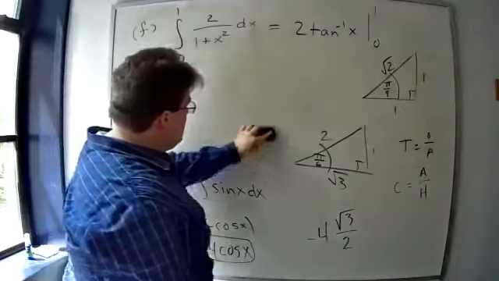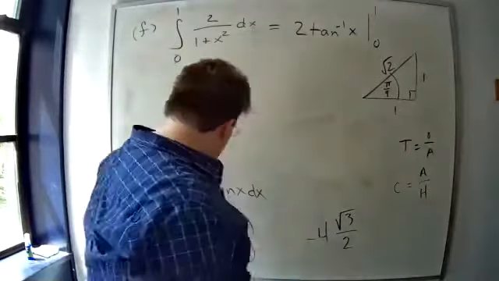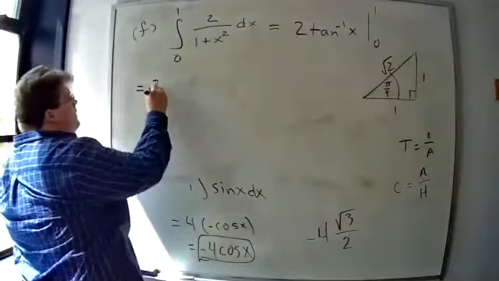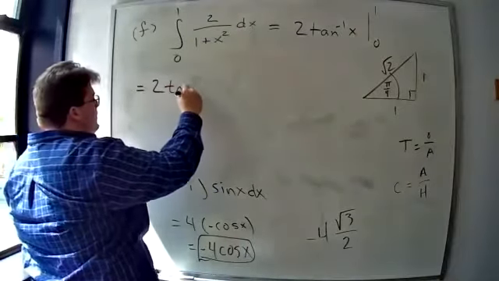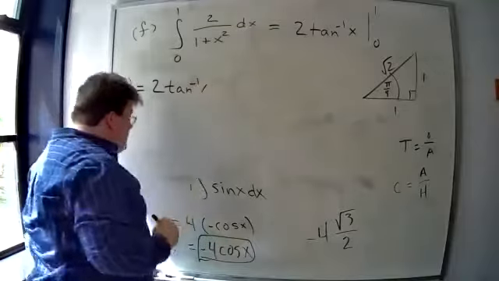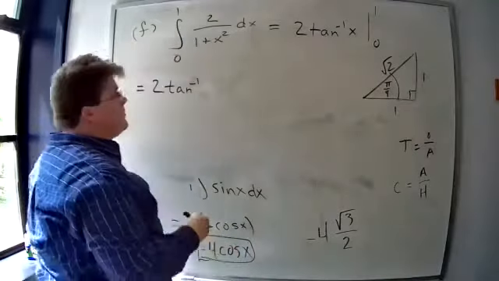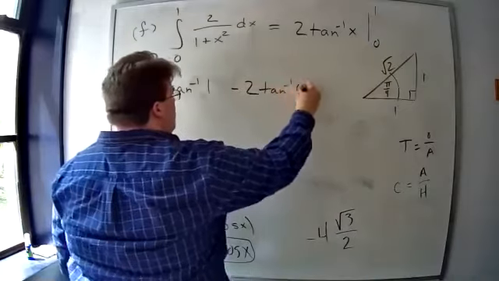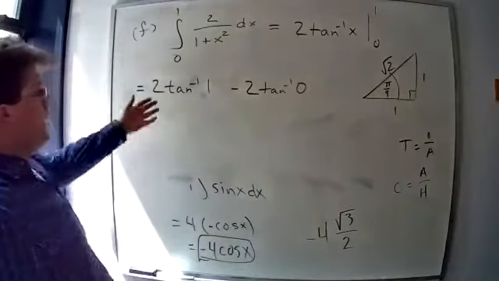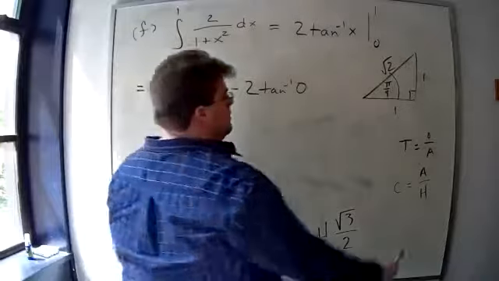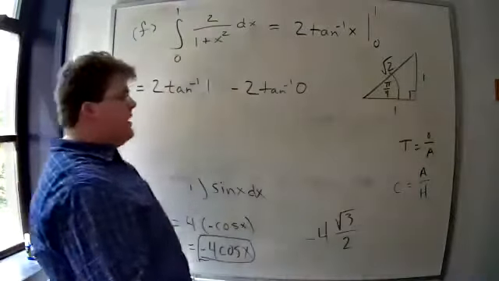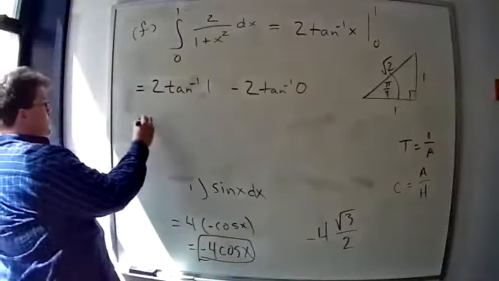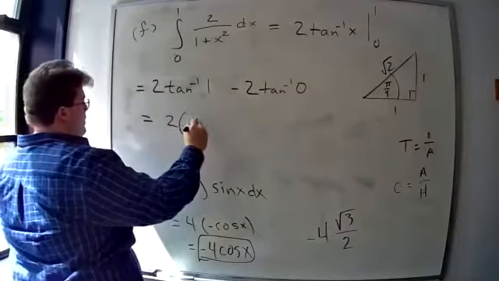How do we evaluate this? Well, that triangle. You could factor out a 2. I'm not going to. 2 inverse tangent of 1 minus 2 inverse tangent of 0. The angle whose tangent is 1, well, tangent of pi over 4 is 1 over 1, which is 1.